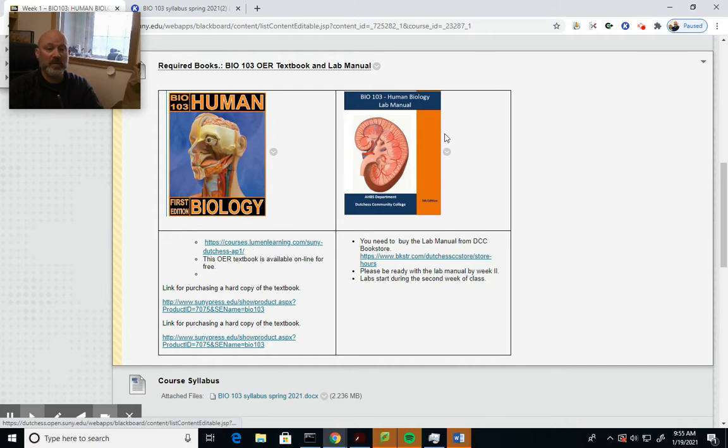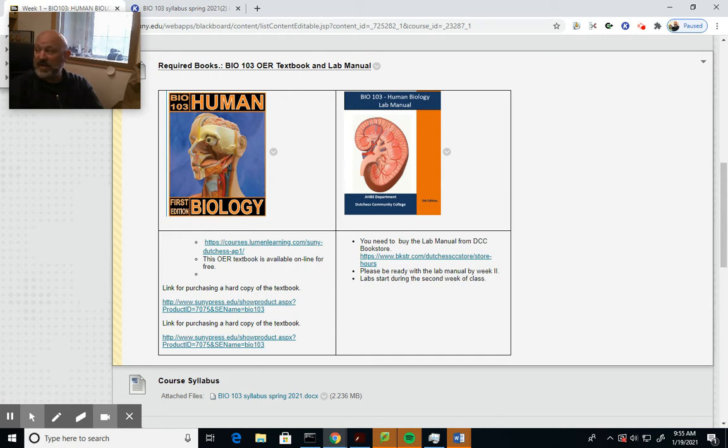Over here on the right side is our lab book, and you must have that. You must have a hard copy of that, actually. So you're going to have to go to the bookstore in person and pick one of these up. We're going to start using this starting next week, the second week.